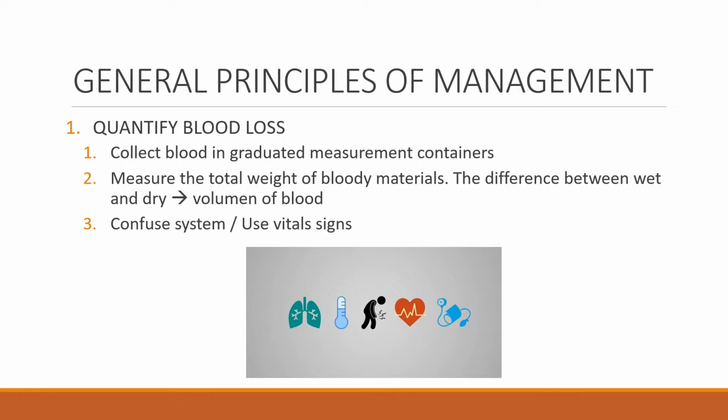If you put tissue to contain the bleeding, the tissue will absorb much blood, and you can see the difference in weight. But these two methods are a confusing system, so I recommend you use the vital signs. As we have seen in the shock class, there are different categories of shock, and each category has its own characteristics. So I recommend you use the heart rate, the blood pressure, etc.